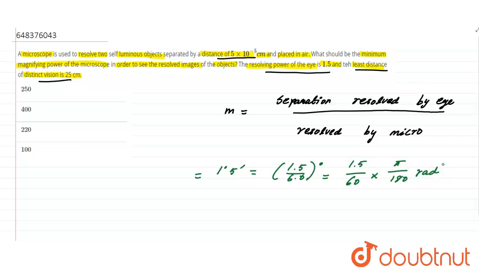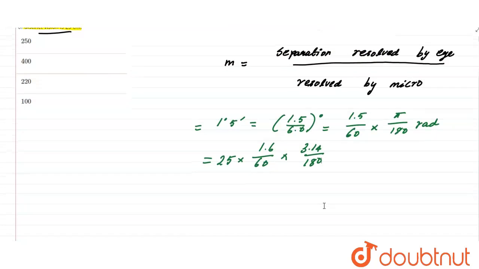So the linear limit of the eye resolution equals 25 into 1.5 divided by 60 into 3.14 divided by 180.